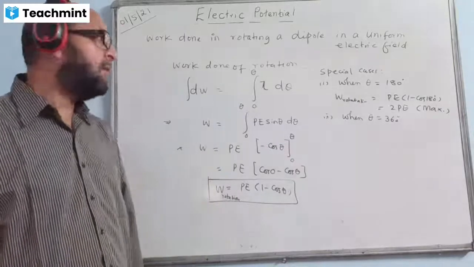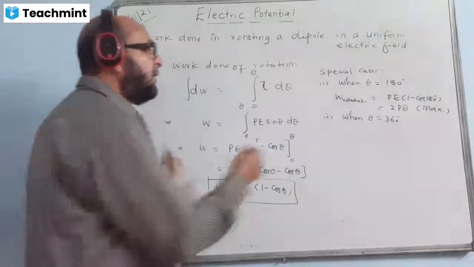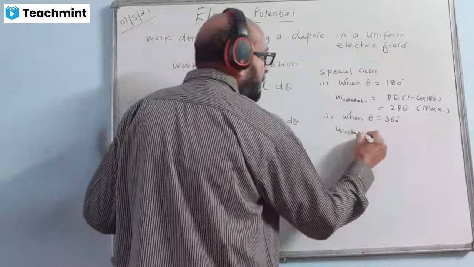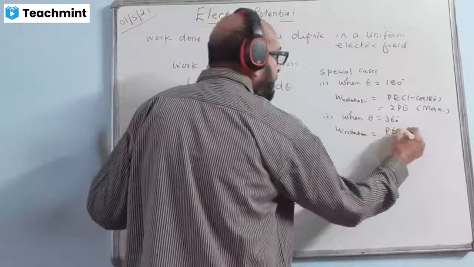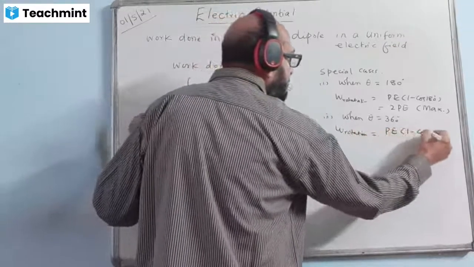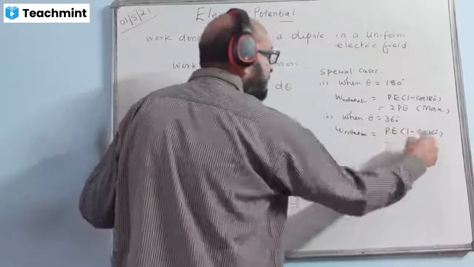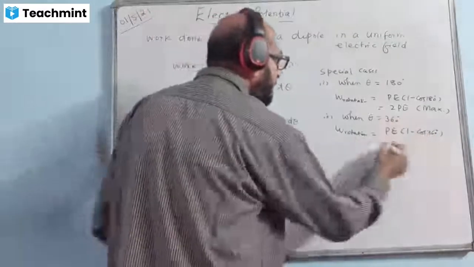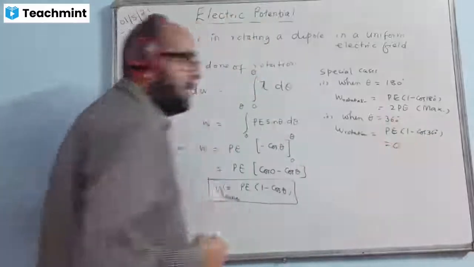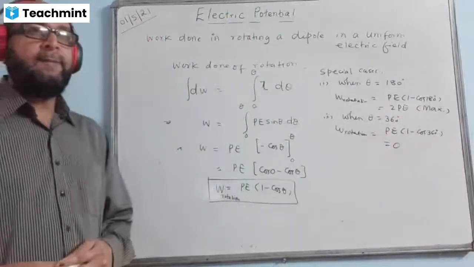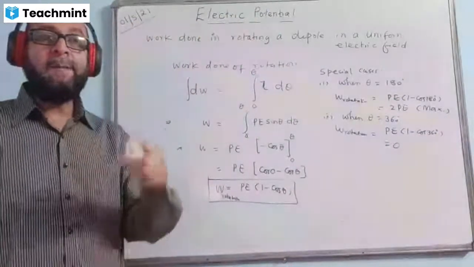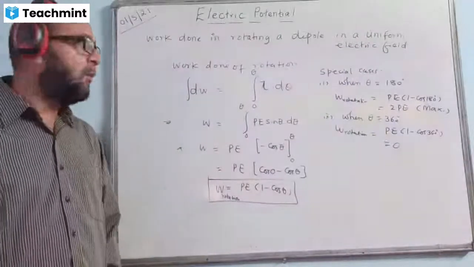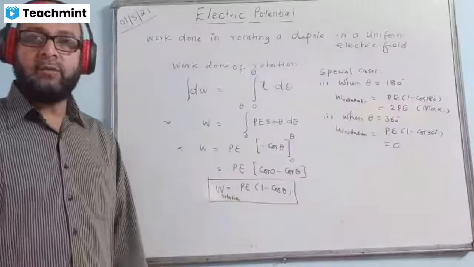Then we'll write work done of rotation in this case will be PE, 1 minus cos 360 degree. Cos 360 degree is also 1. So 1 minus 1 becomes 0. The entire thing becomes 0 here. The work done in rotating a dipole for one complete rotation is 0. That is case 2.